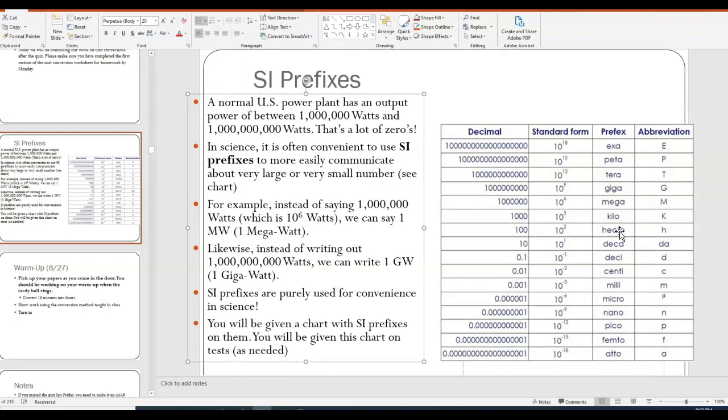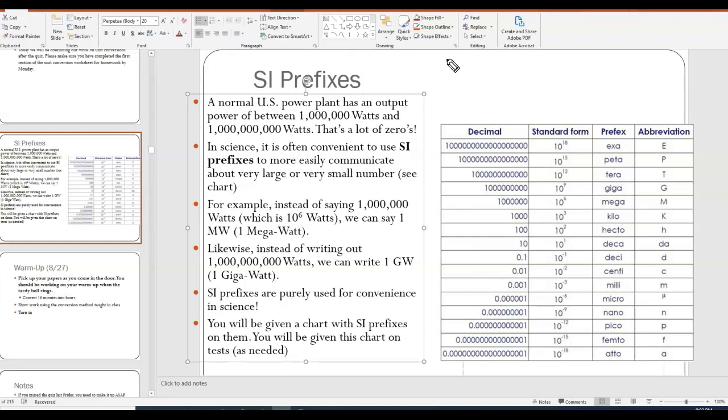We have this chart here, and there's a lot of words on this chart like peta, tera, giga, mega, kilo, hecto, deca, deci, and so on. And there's numbers next to these things telling you the order of magnitude associated with those words. So, for example, kilo is right next to 10 to the power 3, which is 1,000.